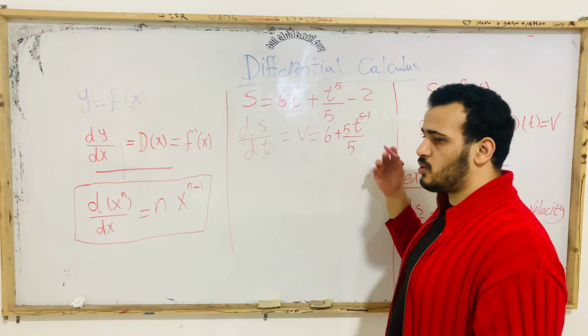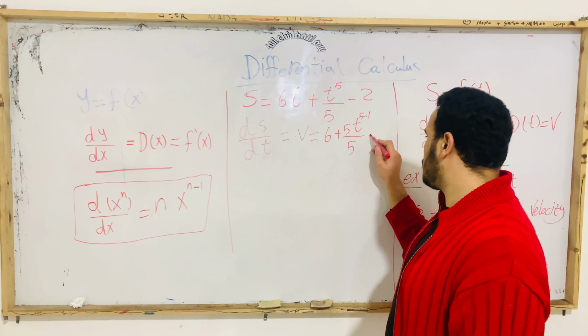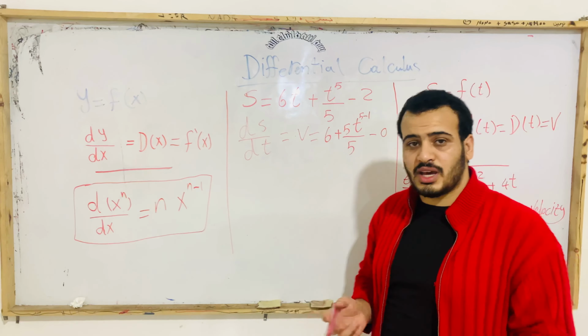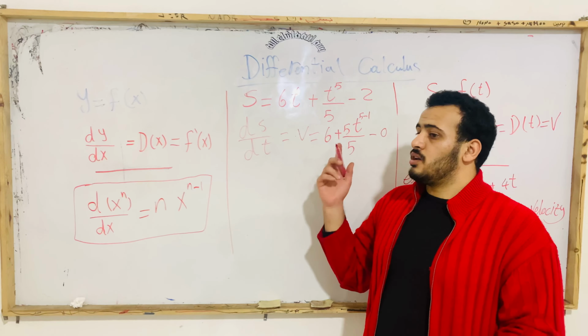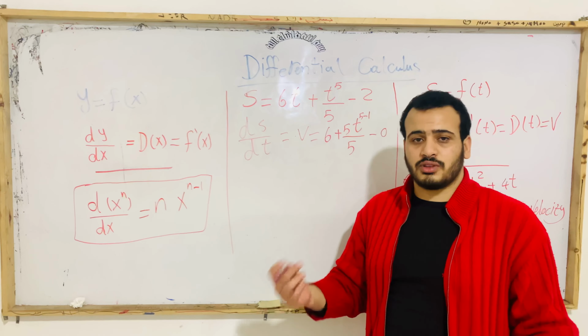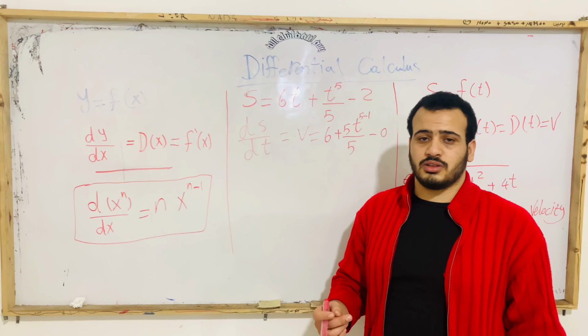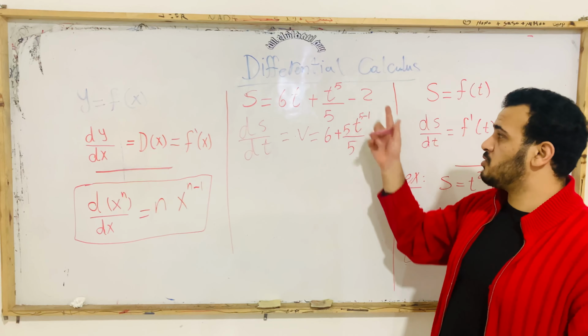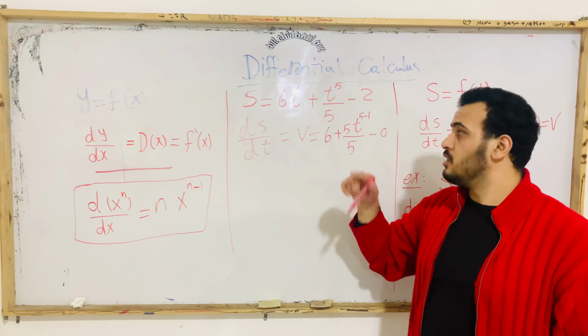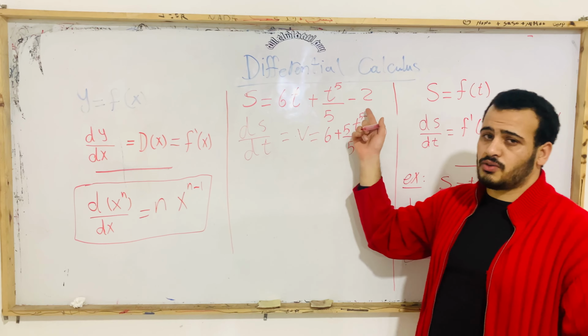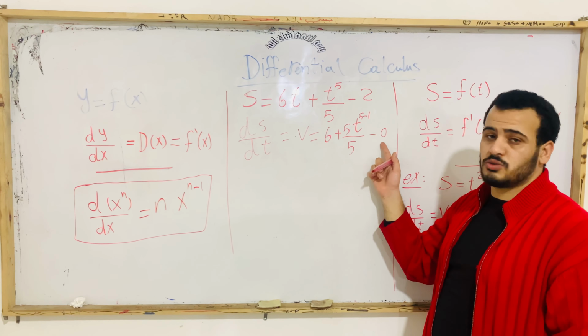Minus 2 is going to be equal to 0. I didn't mention that, by the way: if you're trying to get the derivative of a constant, it's going to be equal to 0.